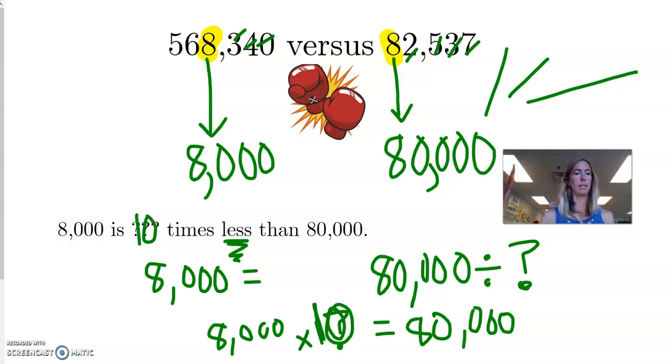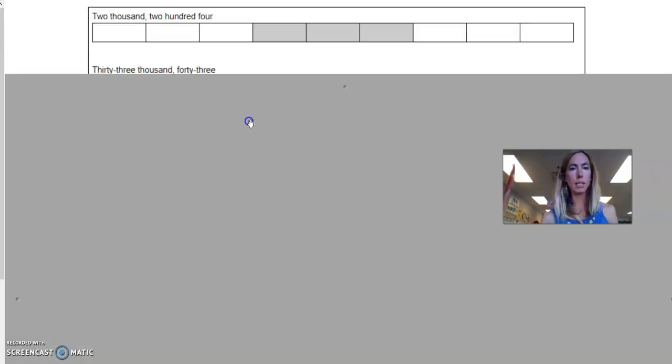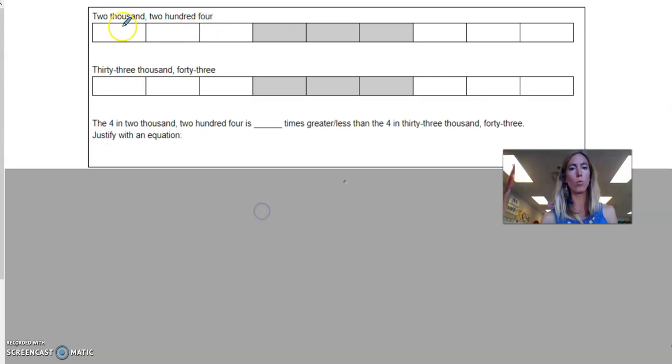Awesomeness. All right. There are some practice problems for you to do. I don't write the number for you right off the bat. I write it in words so that you have to practice writing what is that as a number. So like 2,204, how would you write that up here? Well, I know here's my 1,000. I have 2 of the thousands, and then I have 204.